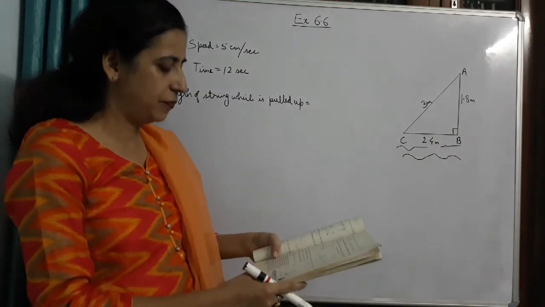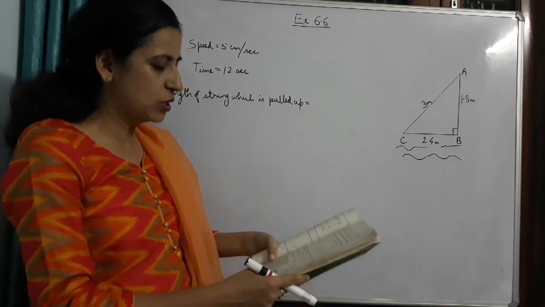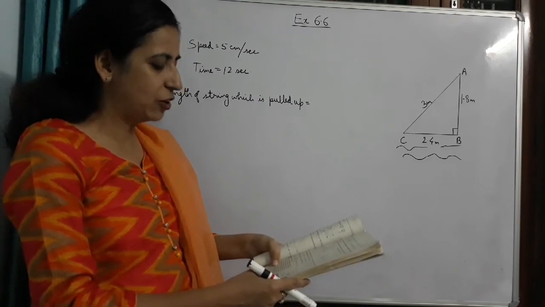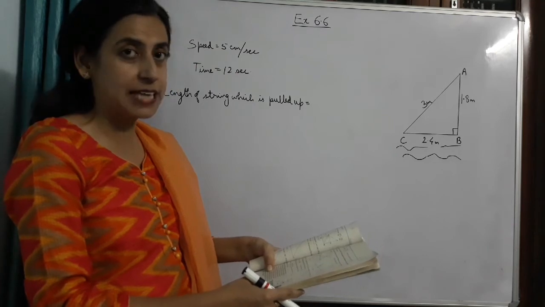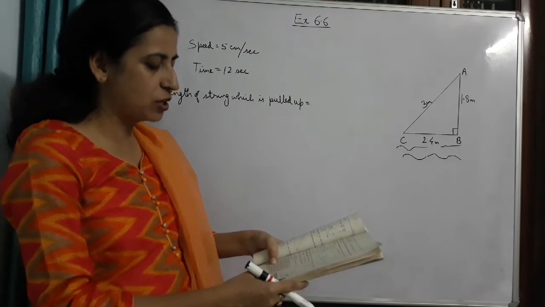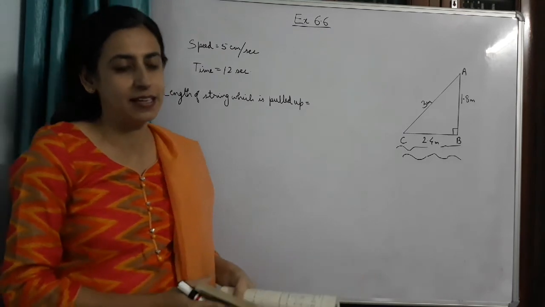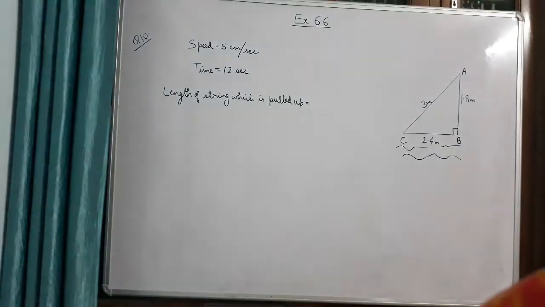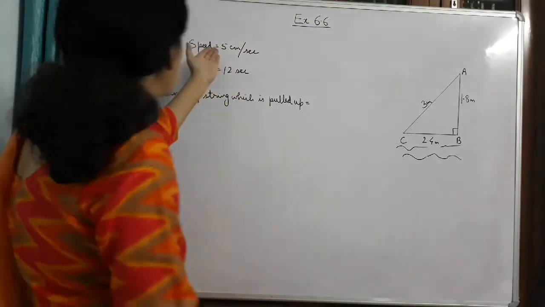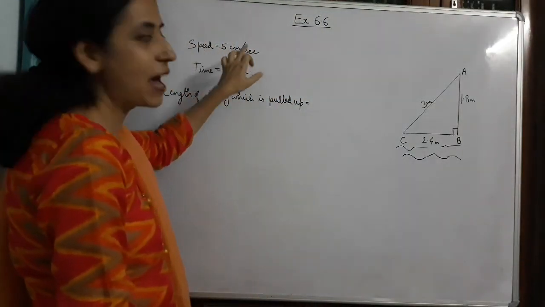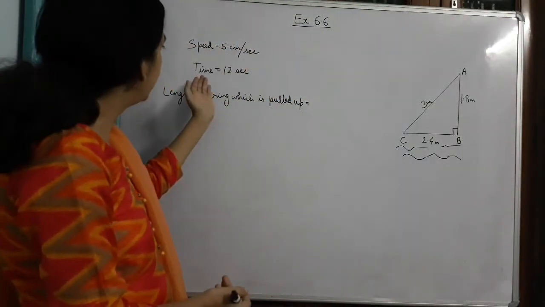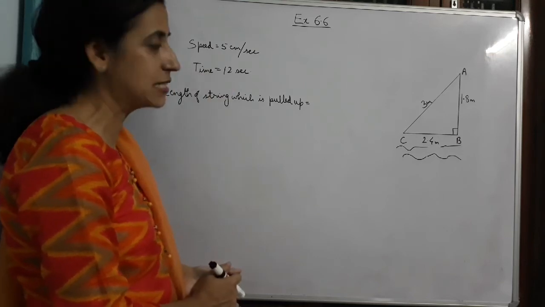This is what we had to find out in the first part of the question. Now they are saying, if she pulls the string at the rate of 5 centimeters per second, what will be the horizontal distance of the fly from her after 12 seconds? So over here, the speed with which she is pulling the string is 5 centimeters per second. Time given to us is 12 seconds.